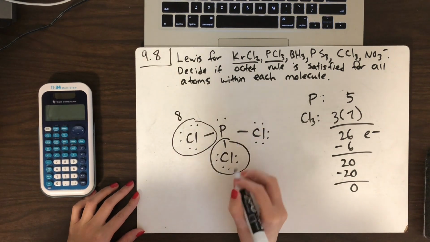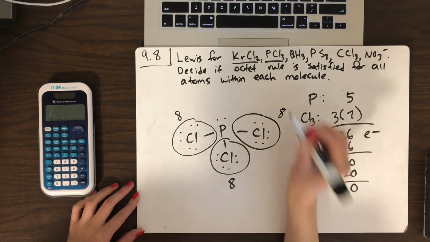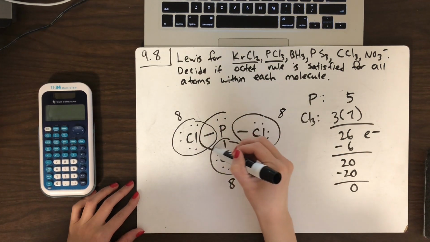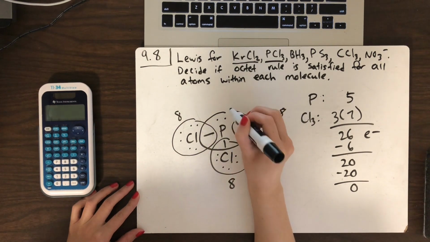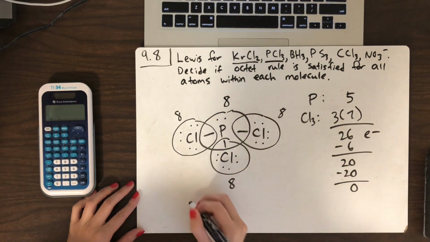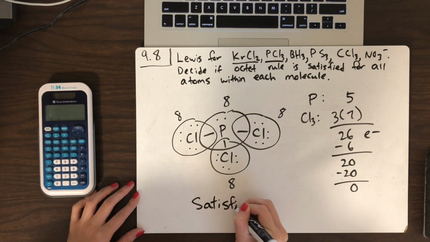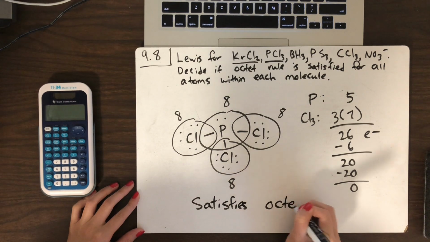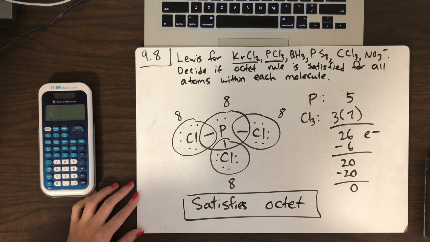This one's satisfied, got 8. This one has 8. And then this P in the middle, it's got 1, 2, 3, 4, 5, 6, 7, 8. So this also has 8. So this does satisfy the octet rule, and you would go ahead and select satisfies octet rule.